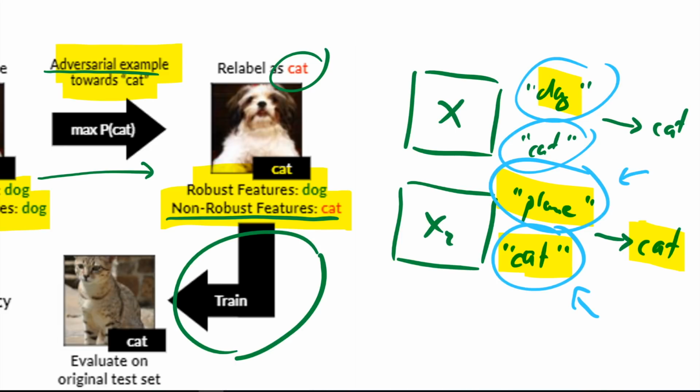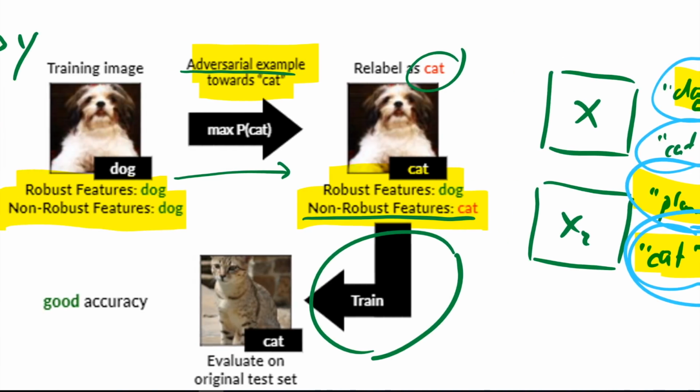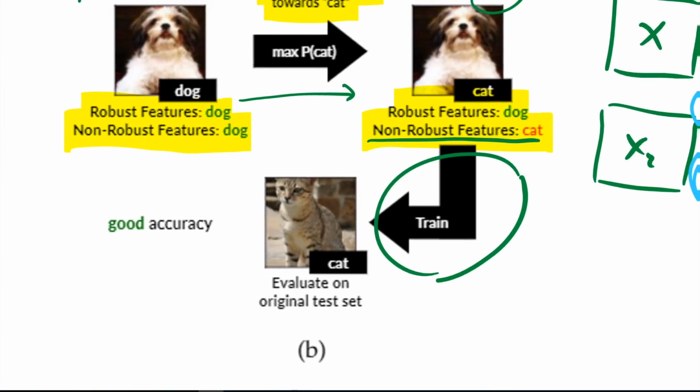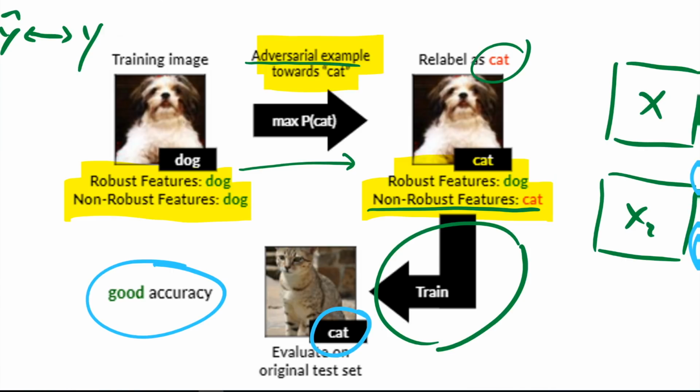So the classifier will learn to pick up on the non-robust features and classify according to them. So much so that if we now test on the test set and we feed in an actual cat, its robust features will say cat, and its non-robust features will say cat, and the classifier is able to accurately predict this is a cat, even though all the images of cats it has seen during training were actually basically of non-cats, here a dog.